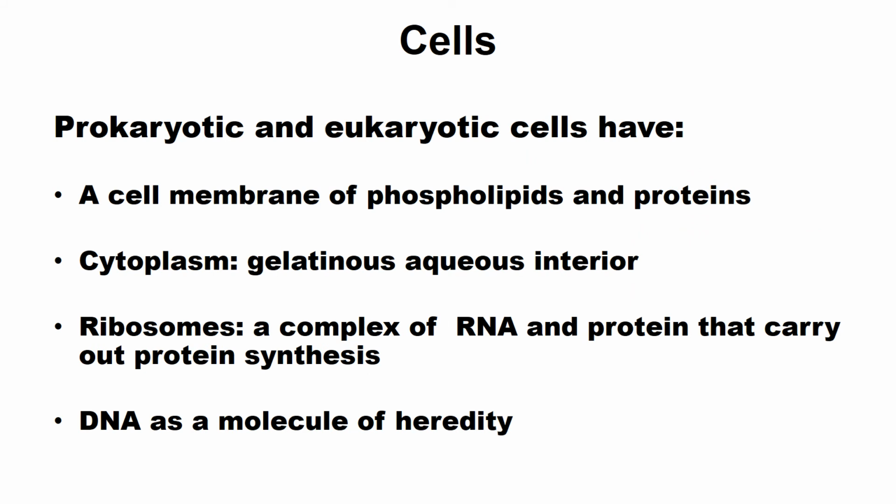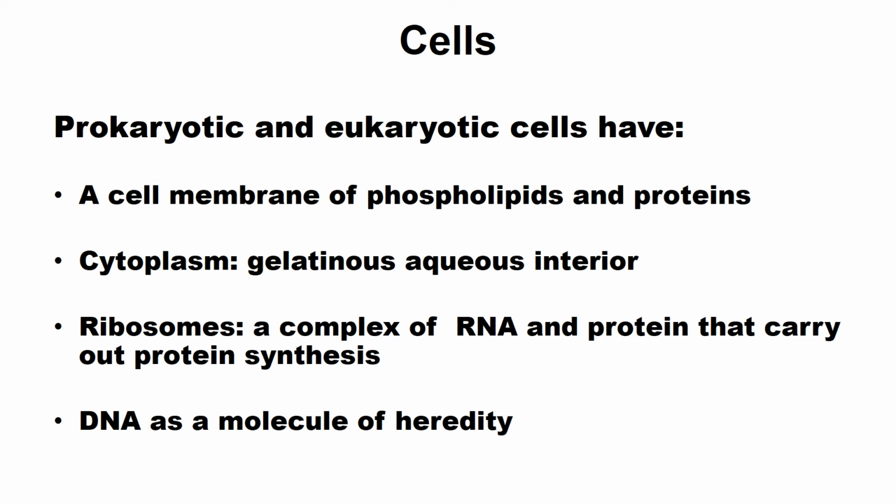Now, there are several things that prokaryotic cells and eukaryotic cells have in common. The first thing is that both cells have a cell membrane that is made out of phospholipids or fats and also proteins. The second thing is that they have a cytoplasm, which is kind of like the liquid portion within the cell where you find some of the organelles.